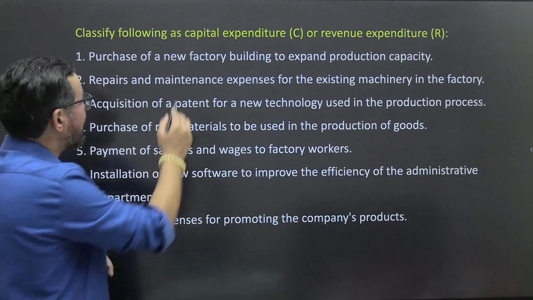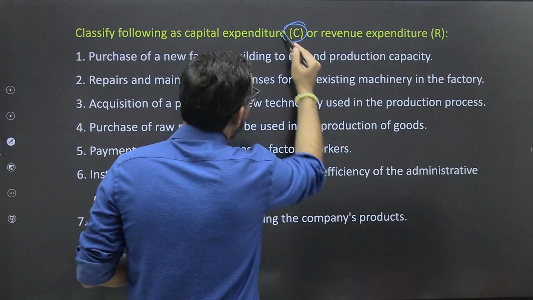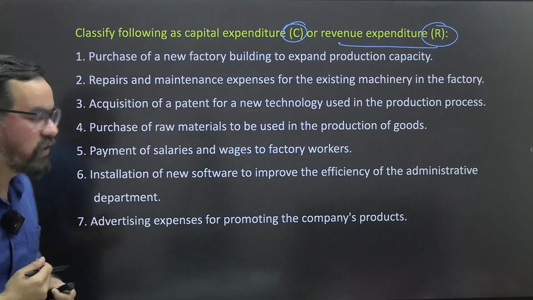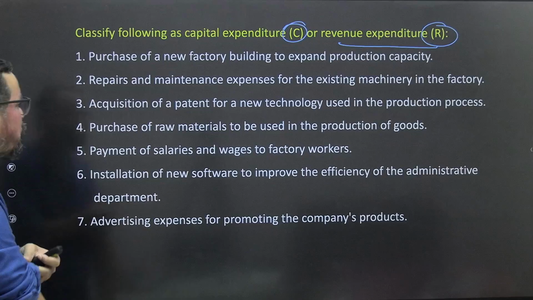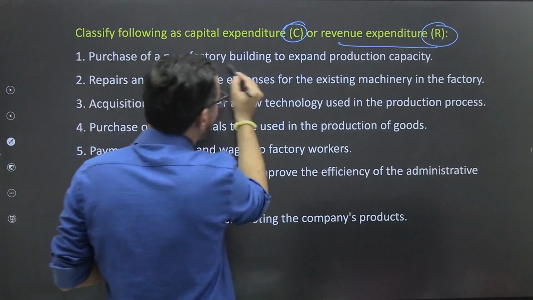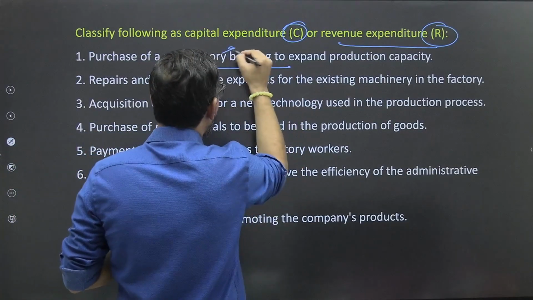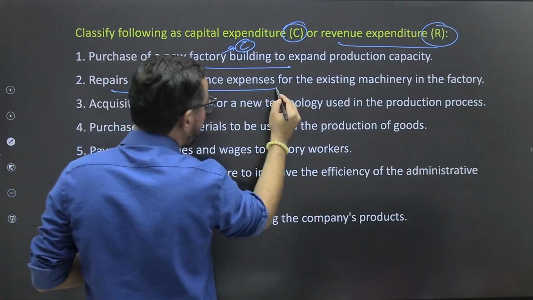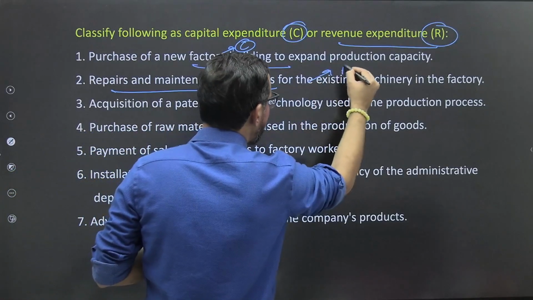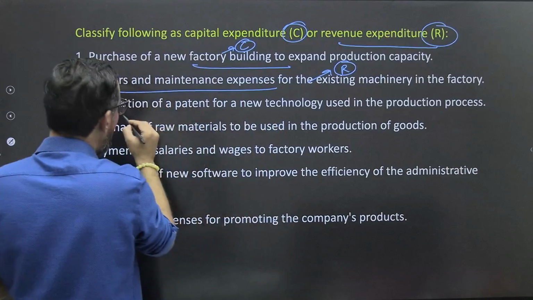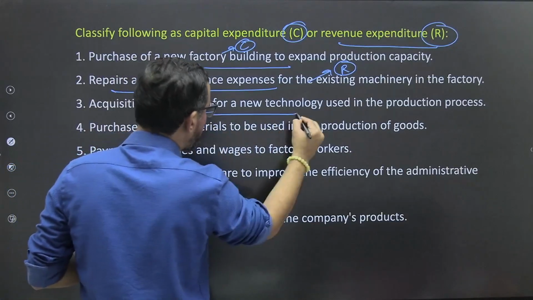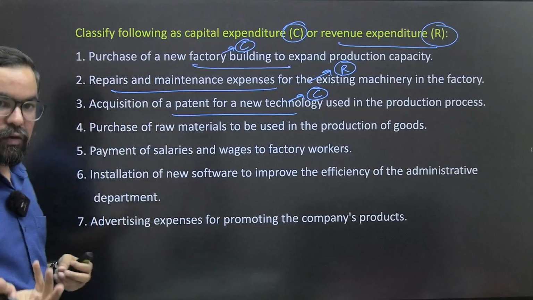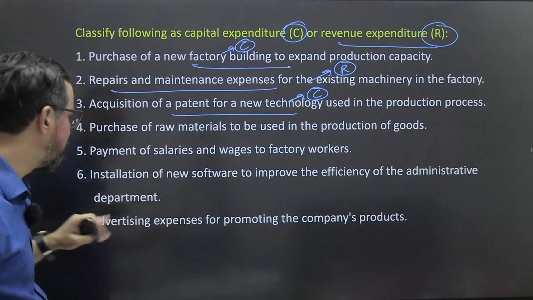Next one: classify the capital expenditure with C and revenue with R. Let's look at these once again, we have 7 statements. Purchase of a new factory building, so it is capital expenditure. Repair and maintenance expense for the existing machinery, revenue expenditure. Acquisition of a patent for a new technology, we are acquiring a patent, so that will be a permanent part, so capital expenditure.